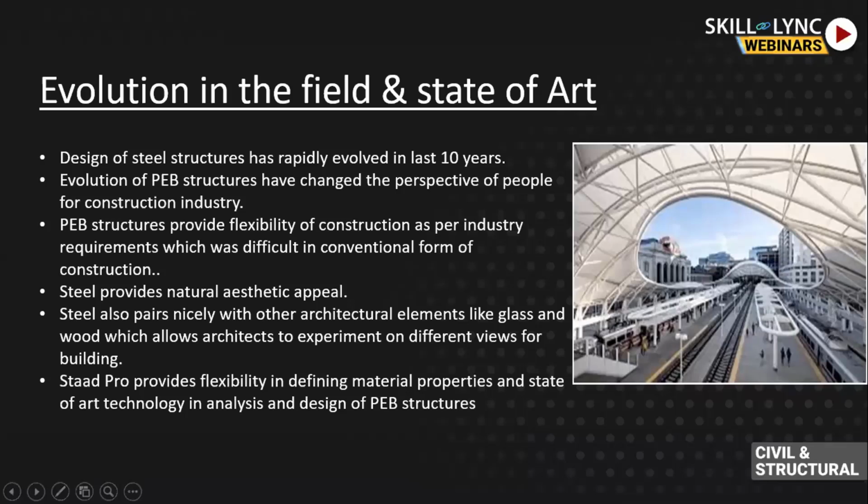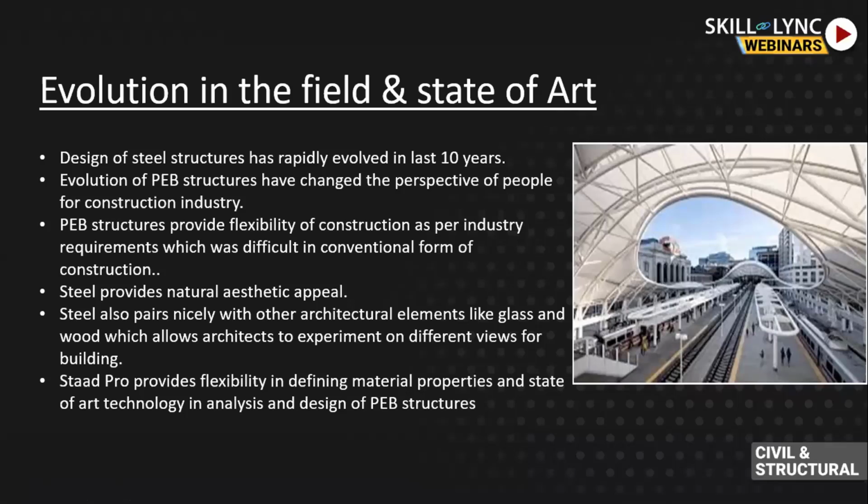And coming back to the evolution of this field, you would have seen a lot of traditional buildings around you, but industrial structures have picked up a lot in the last 10 years. There have been a lot of changes in the kind of buildings constructed here.